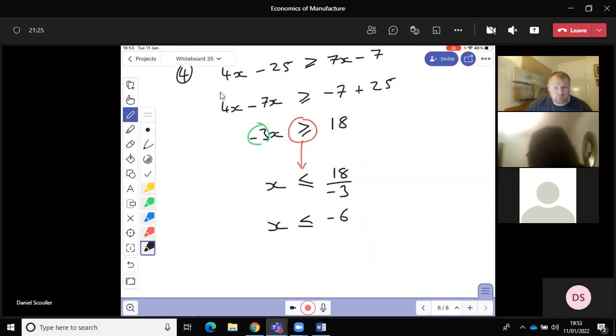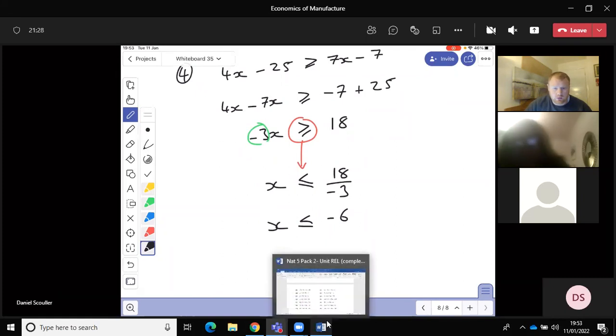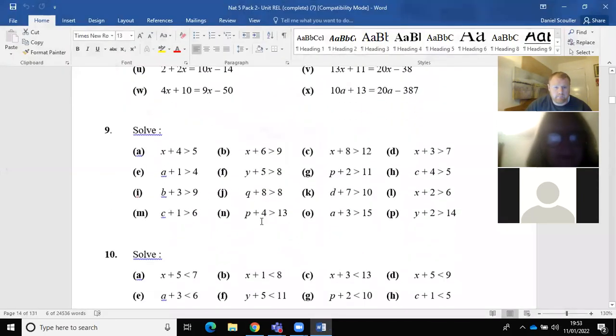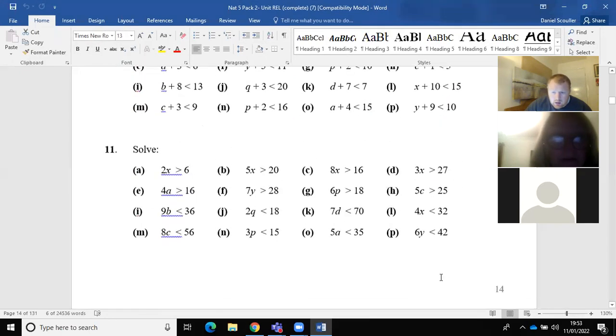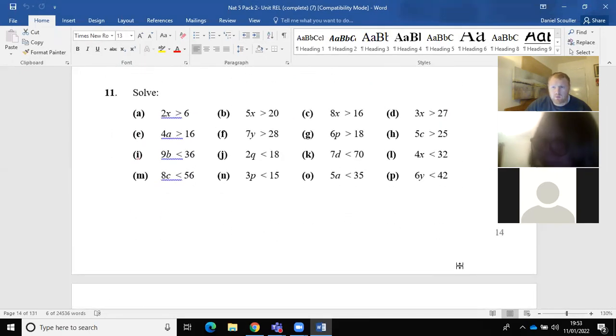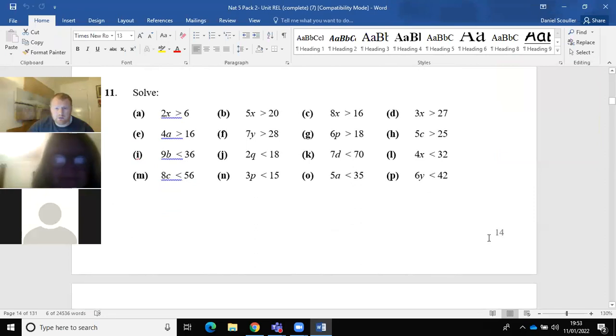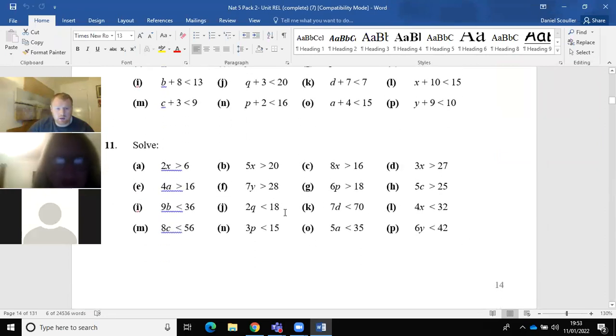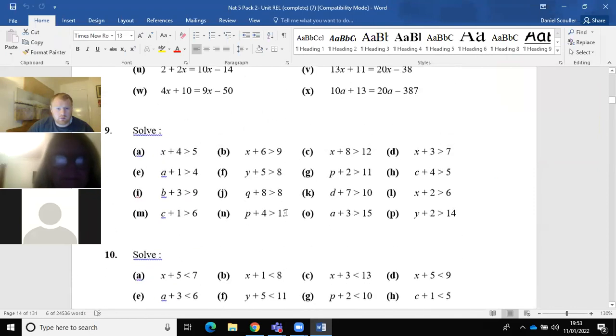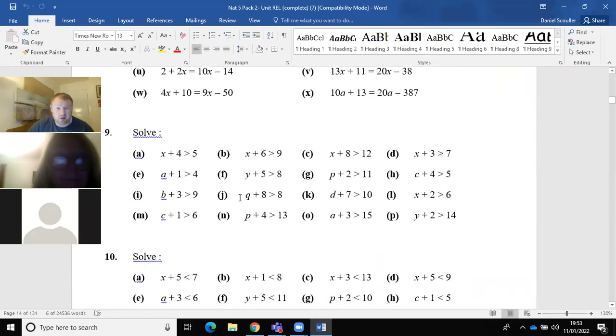Let's have a wee look. In that booklet, we are on page 14, in the middle, and we're looking from question 9.